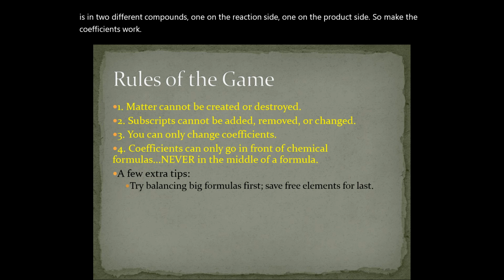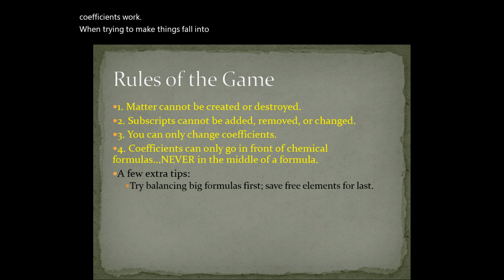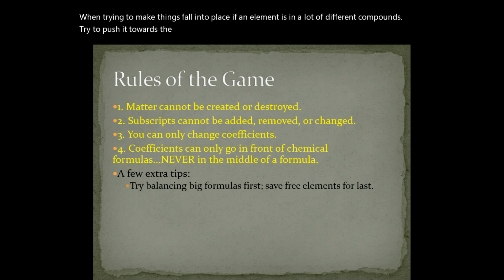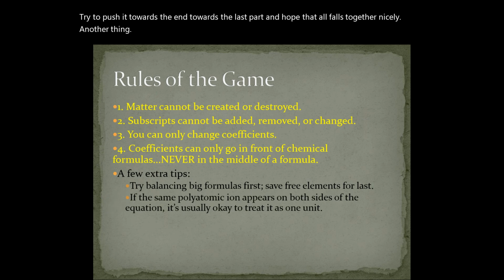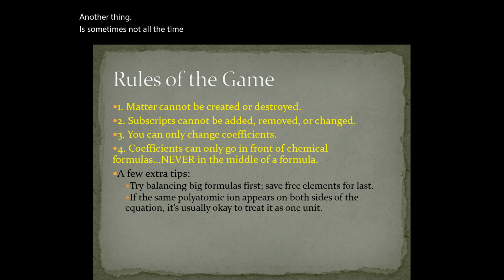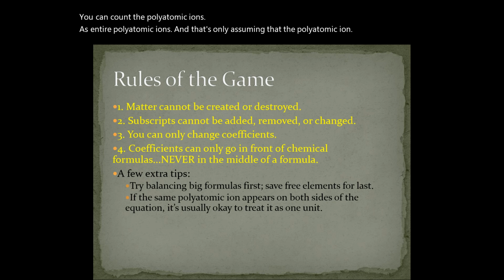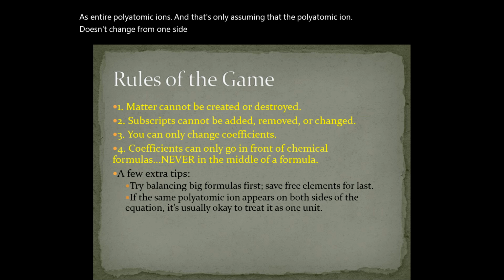When trying to make things fall into place, if an element is in a lot of different compounds, try to push it towards the end, towards the last part, and hope that it all falls together nicely. Another thing is sometimes, not all the time, you can count the polyatomic ions as entire polyatomic ions, and that's only assuming that the polyatomic ion doesn't change from one side to the other.